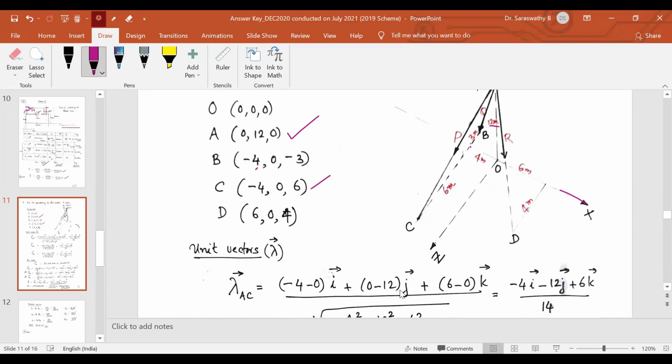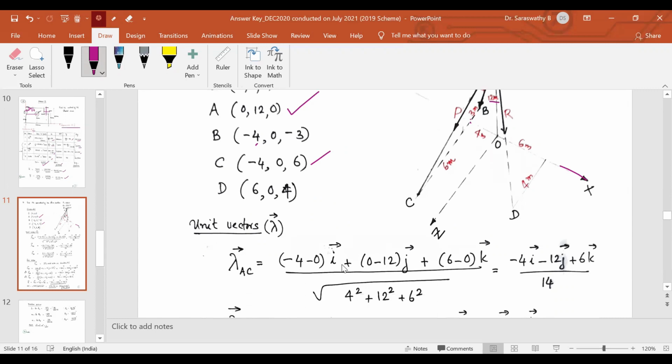So this is the position vector. Unit vector is divided by square root of 4 square, 12 square, 6 square. So the unit vector lambda AC is obtained as minus 4i minus 12j plus 6k divided by square root of 4 square plus 12 square plus 6 square. It is 14. It will be there.